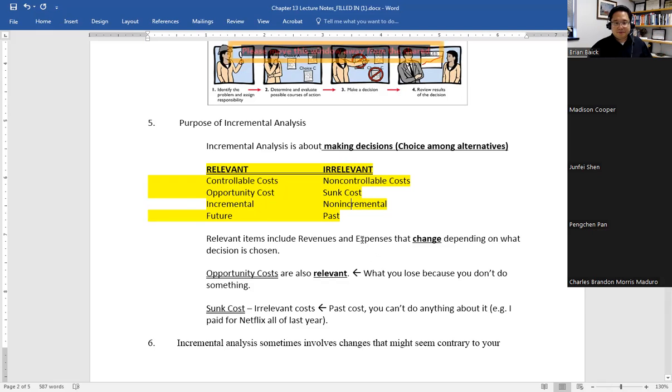Don't worry about it. This idea of something being the same and not changing is also terminology-wise called non-incremental or past costs. So, relevant versus irrelevant. Let's take a look at a problem together, and let's see if we can figure out relevant versus irrelevant.